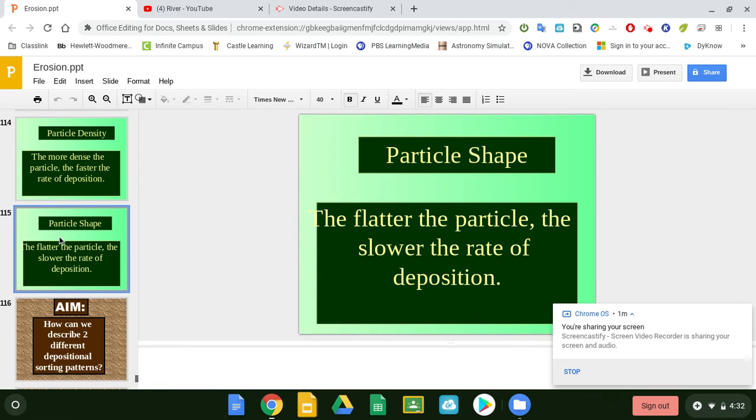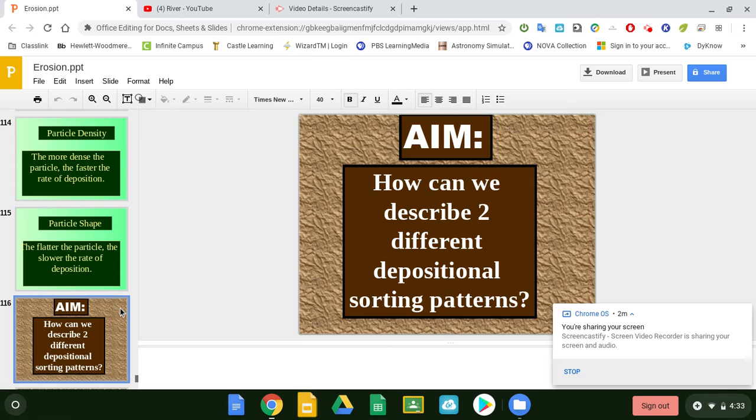The shape of the particle will also determine how it deposits. A rounded particle is going to deposit in water much faster than a flatter particle. A flatter particle will kind of float down like a piece of paper would, where a round particle will fall much, much faster.